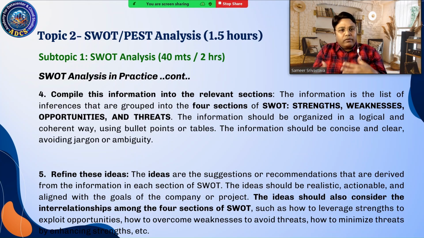For example, how to leverage your strengths to exploit the opportunities which exist outside. How to overcome your weaknesses to avoid any threats. For example, if there are threats of cyber security attack, then that is a weakness, and how to overcome that weakness so that you can perform very well and you are pretty sure that your information is safe and secure. So how to minimize the threats.